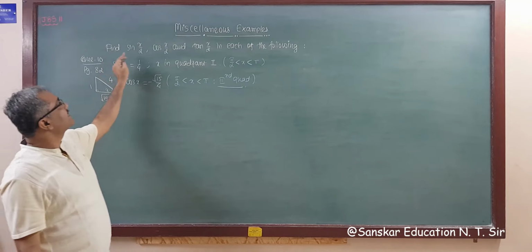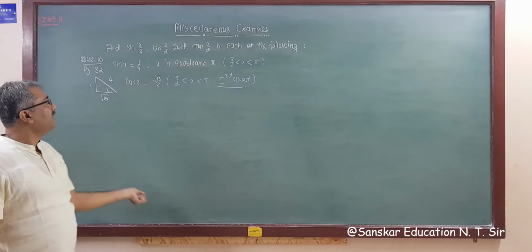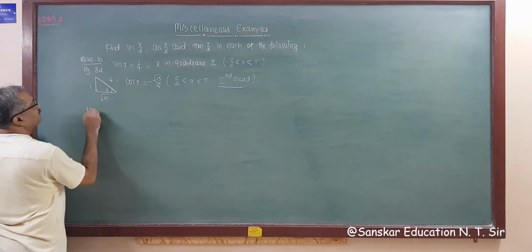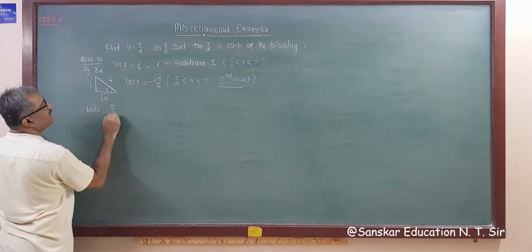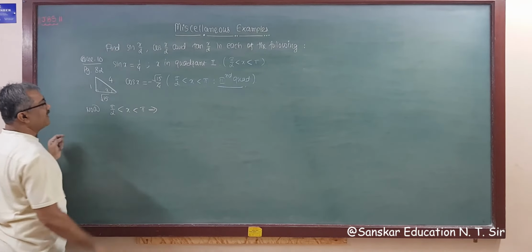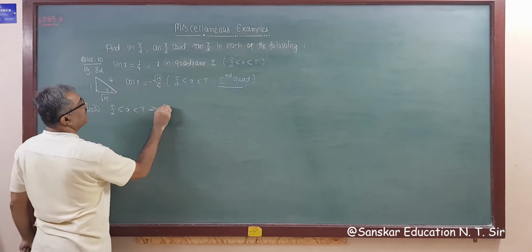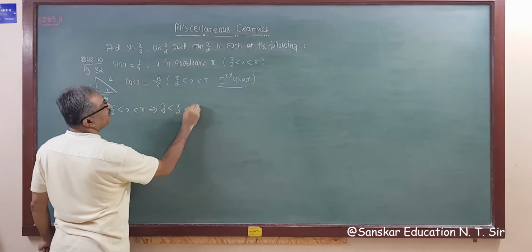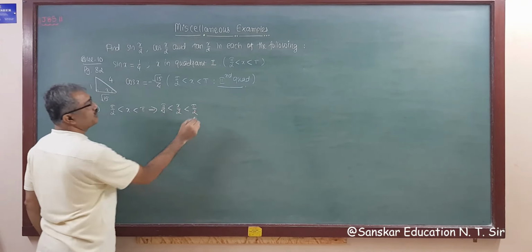Now we have to find sine, cos and tan of x by 2. So we have to divide x by 2. Now pi by 2 is less than x is less than pi. So dividing by 2, what we get? Pi by 4 is less than x by 2 is less than pi by 2.